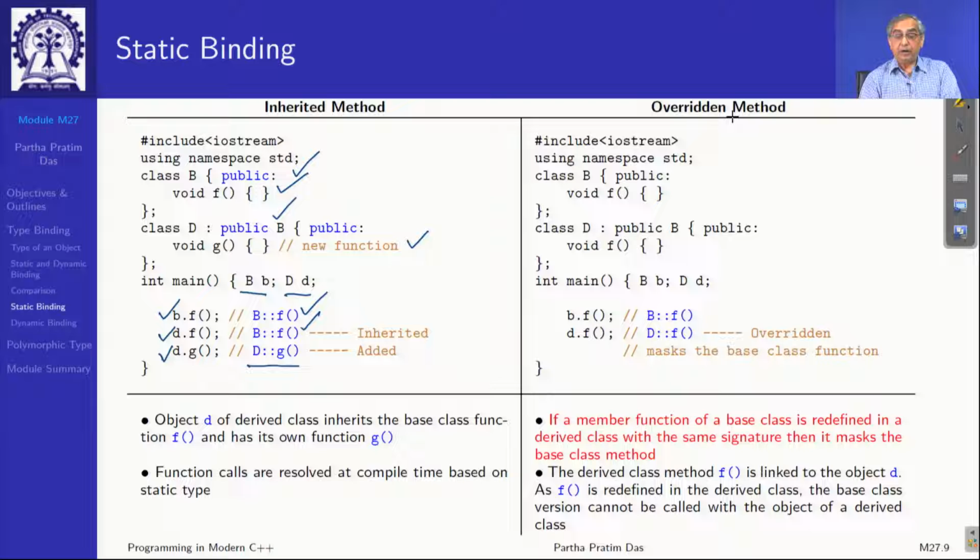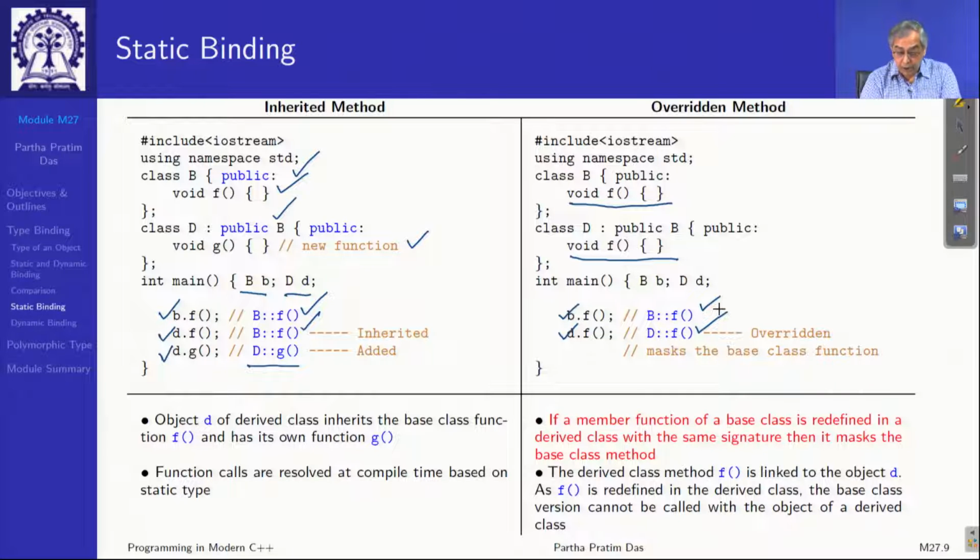If I use overriding, I have a function f in B, and in the derived class I have overridden the function f. So, if I do B dot f, this will call the B class function. If I do D dot f, then this will call the D class function, because I have overridden it. Right?